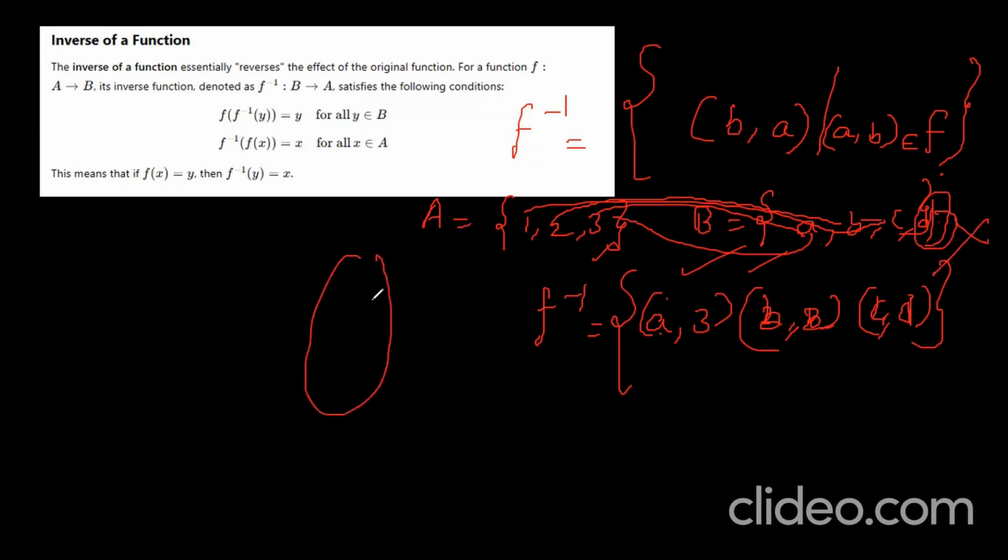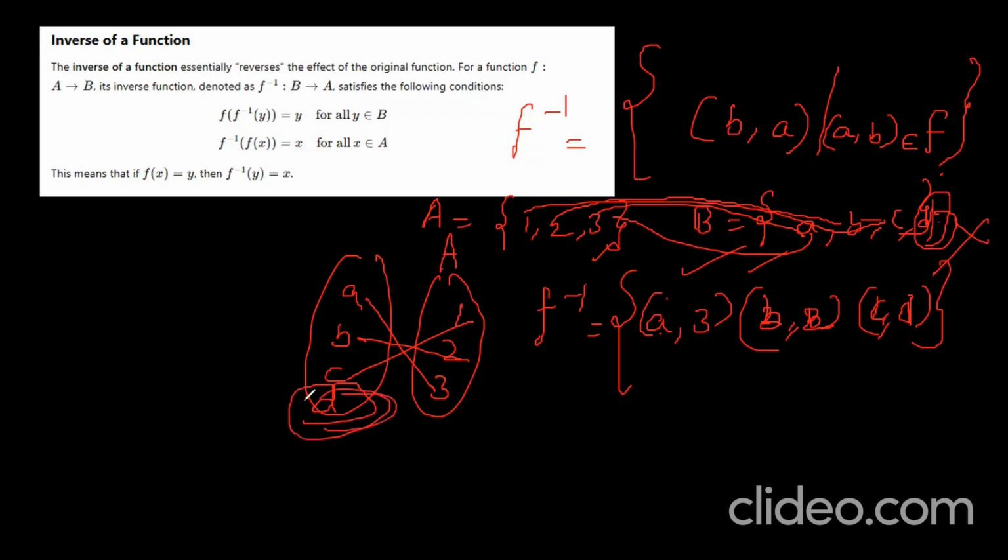F inverse means from B to A, A, B, C, D to 1, 2, 3: A to 3, B to 2, C to 1, and D is not having any mapping. So it is only a relation, it is not a function. You understand?